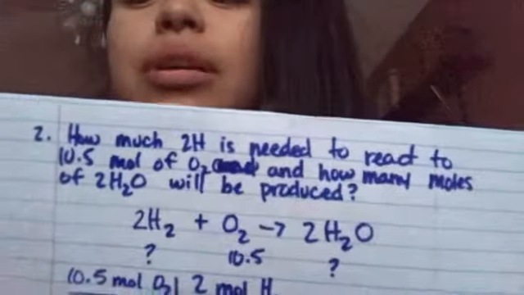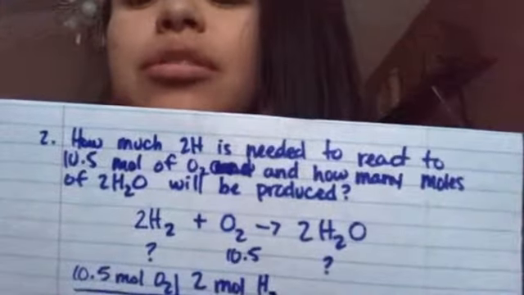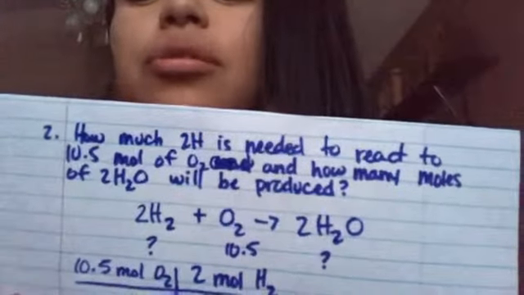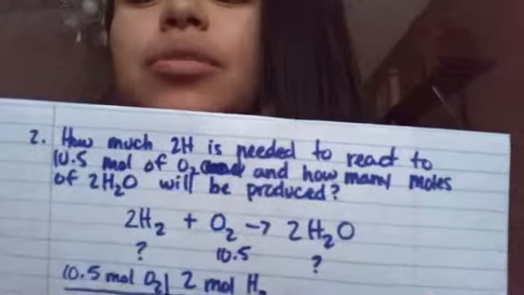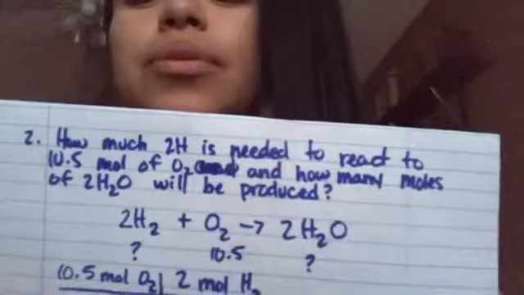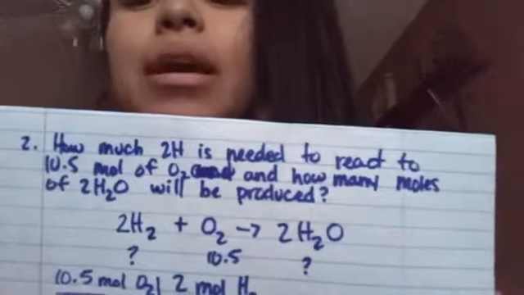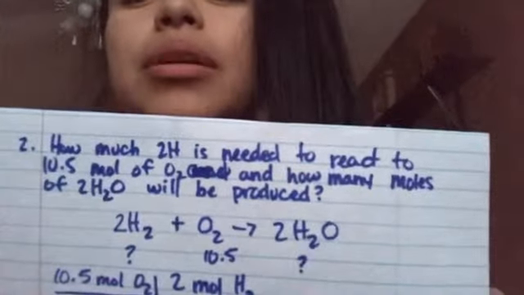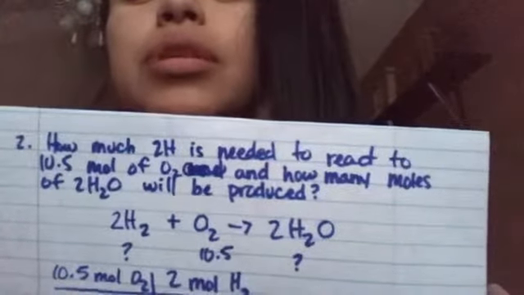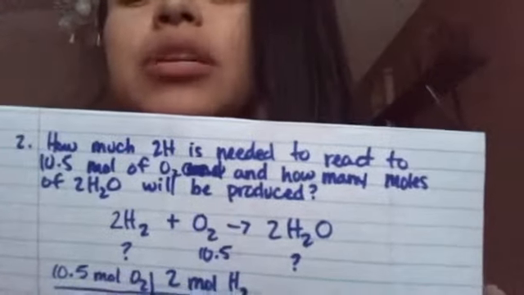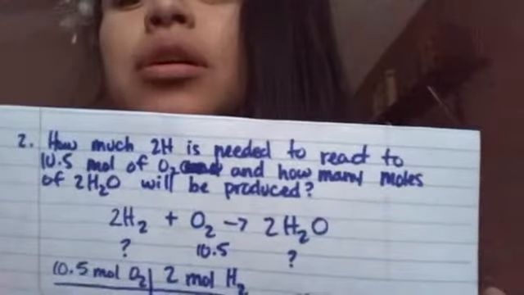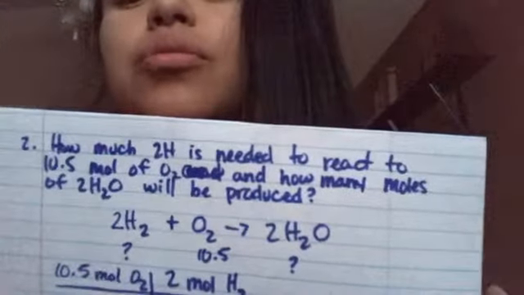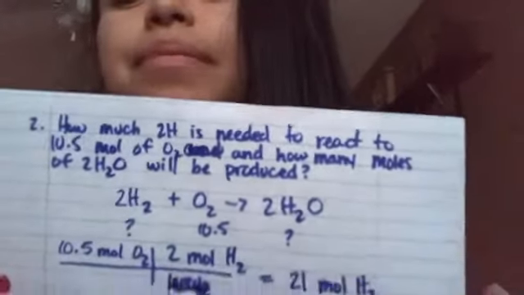So we know that we need 2 of H2 plus only 1 of O2, and then it'll be producing 2 H2O.